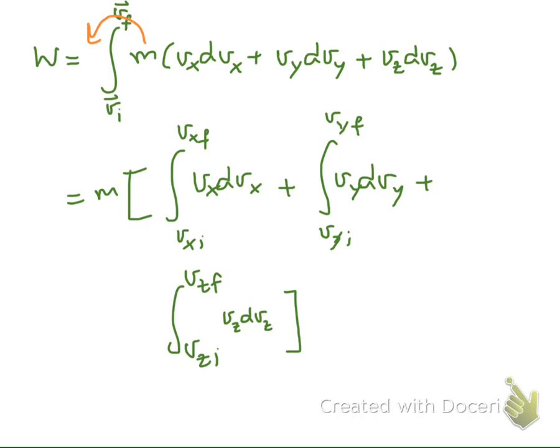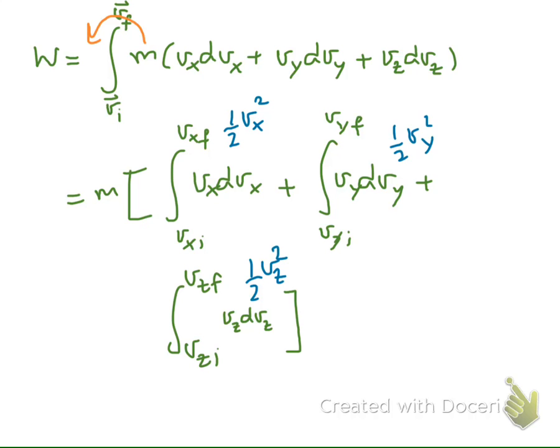Each term of the integration can be evaluated very easily, right? You can see that the integration of the first term is a half of the vx square, and this is a half of the vy square, and this is a half of the vc square.